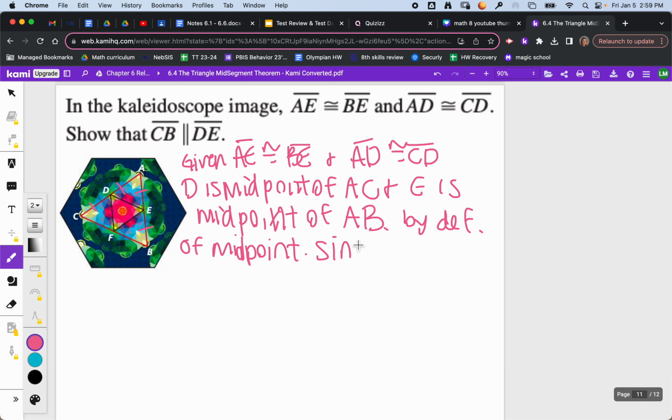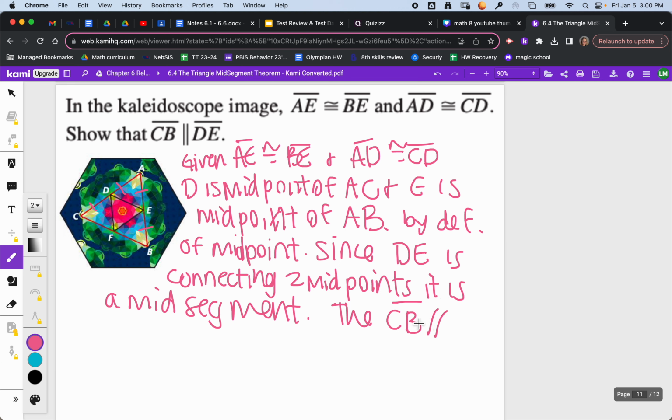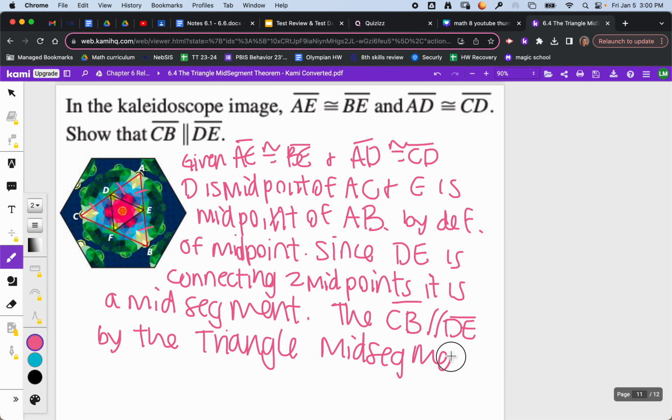So we have, since DE is connecting two midpoints, it is a mid-segment. So the CB will be parallel to DE by the triangle mid-segment theorem.